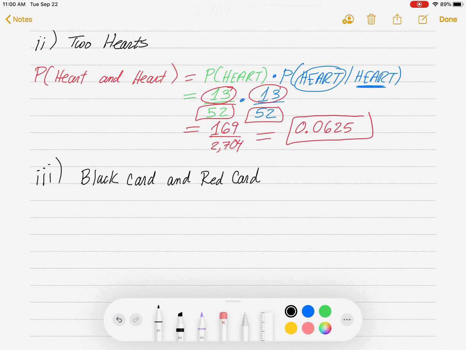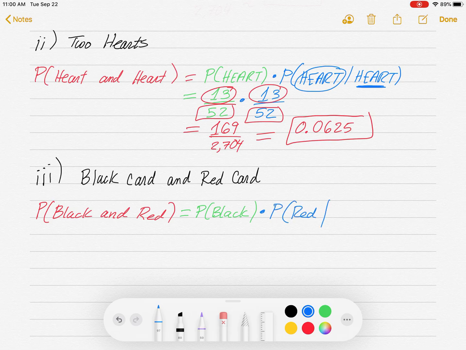In any case, we'll just set it up. The probability of getting a black and a red is the probability first of getting black times the probability of getting red, given that we already got black.